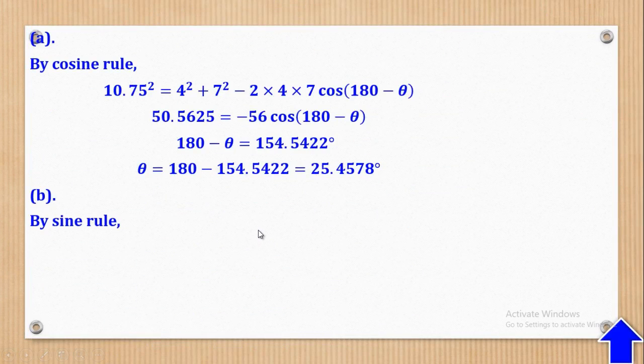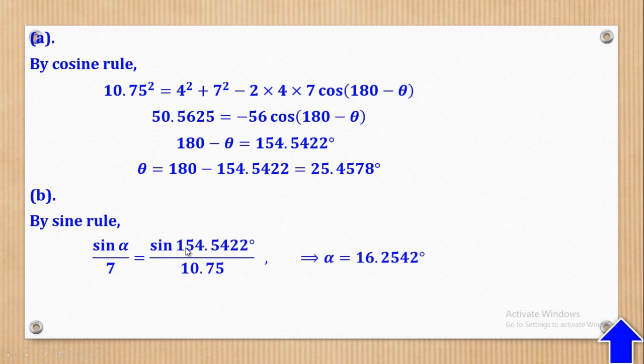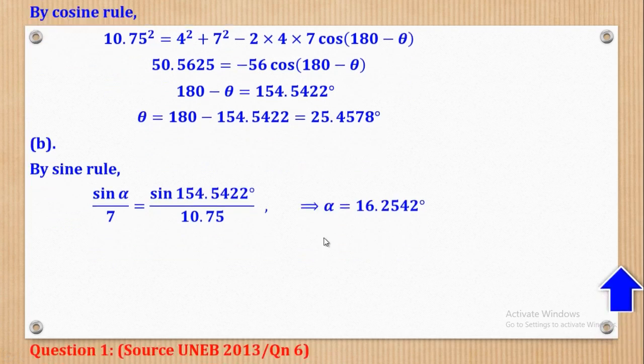For part B, sine alpha over 7 is equal to sine 154.5422, which is our 180 minus theta, which is this, over the resultant, which is 10.75. I think we realize that I only have one unknown, which is alpha. When I make alpha the subject, I'll come up with alpha being equal to 16.2542 degrees.